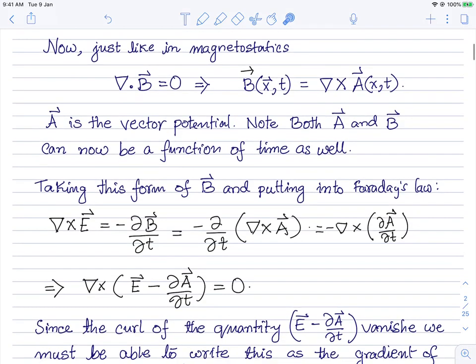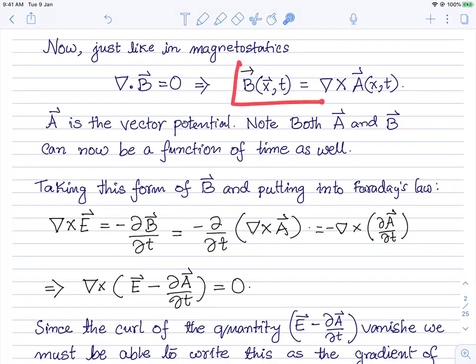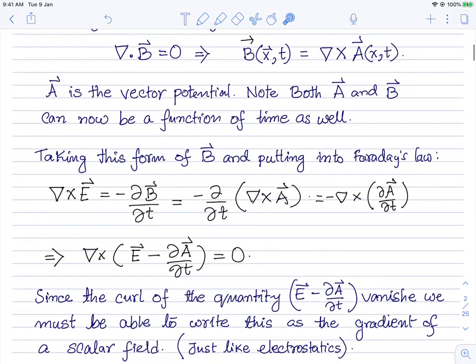Similarly, if we take the fact that the magnetic field is written in terms of a vector potential and plug it into Faraday's law, then we can write the electric field in terms of the time derivative of the curl of A. Now we can exchange the space and the time derivatives.